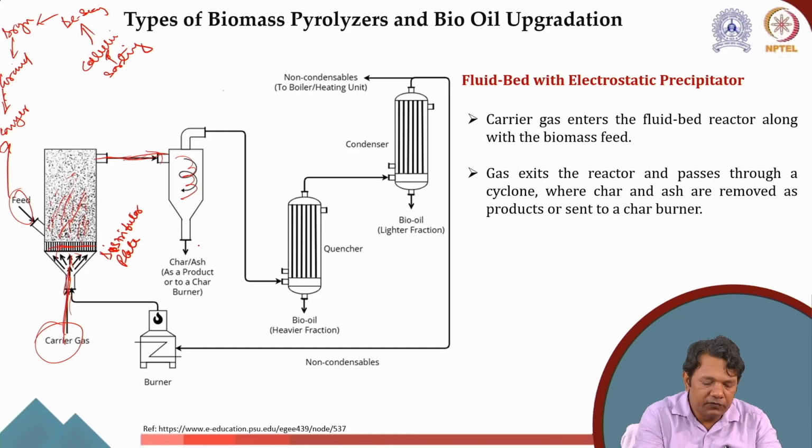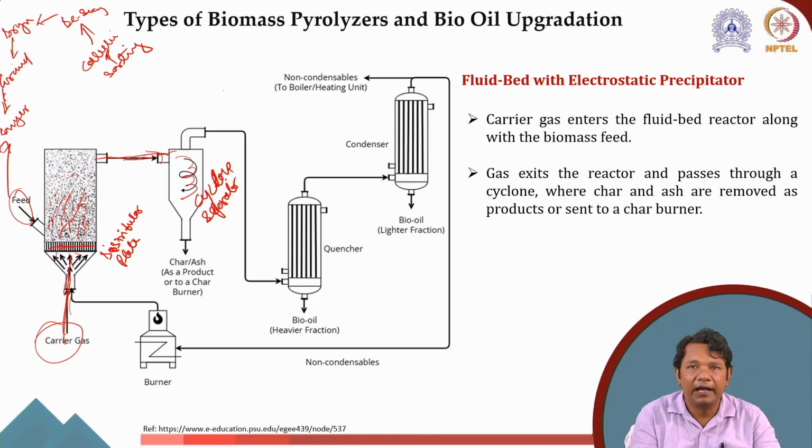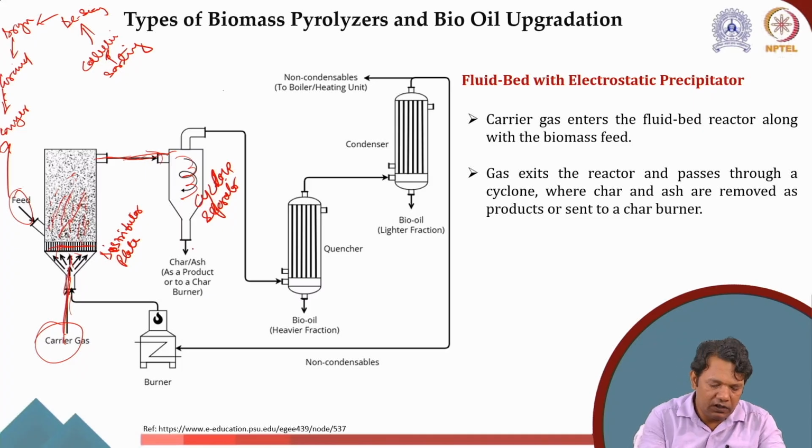We can have the vapors passing through the cyclone separator. This is the cyclone separator, as I told you earlier, and in this the char and ash will get removed, and this char can be sent to a char burner like I showed you earlier.